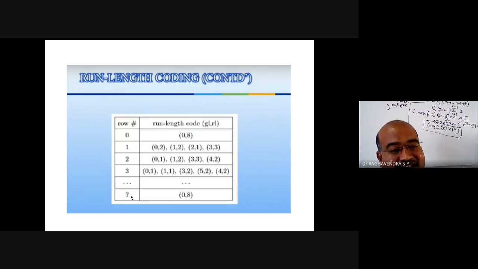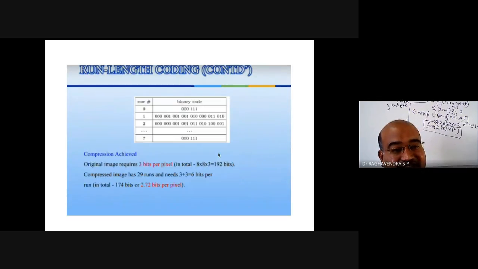So if you convert 7 into binary format, what is the value? Binary conversion. 111. So that is why 111.